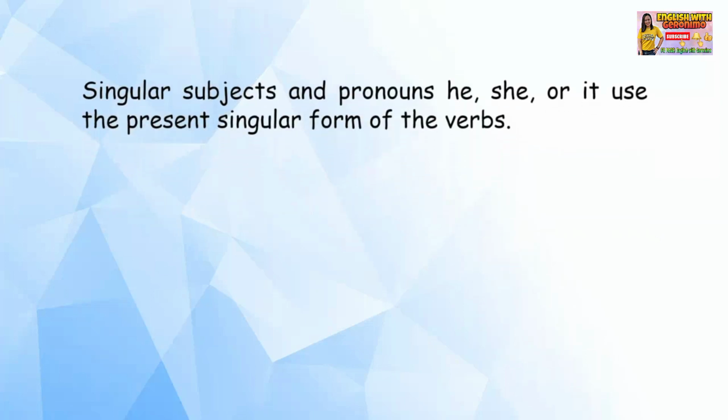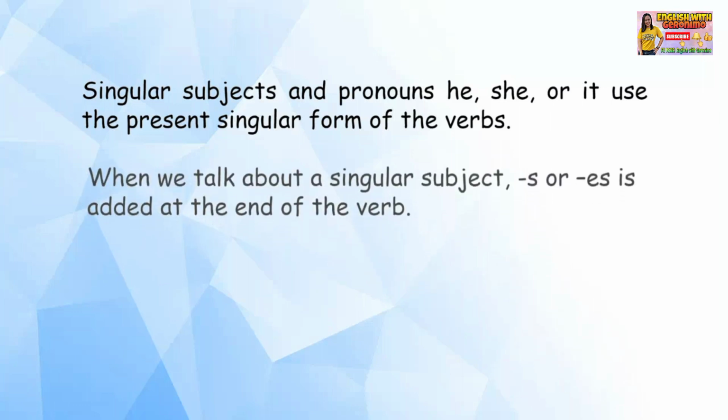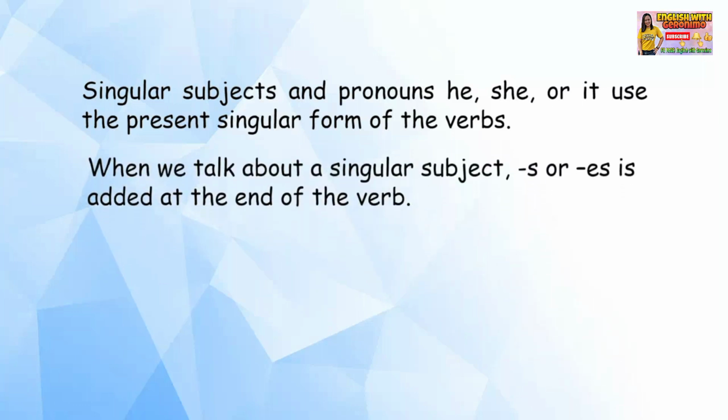Singular subjects and pronouns, he, she, or it, use the present singular form of the verbs. When we talk about a singular subject, s or es is added at the end of the verb.